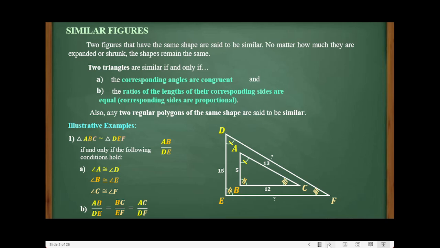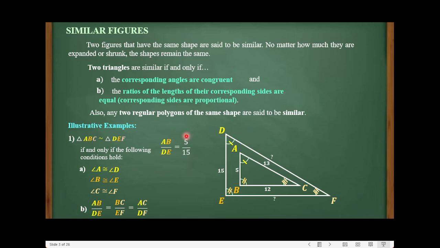So, basically, we make use of this proportionality of their corresponding sides. So, AB over DE happens to be what? 5 over 15. 5 is taken from AB and 15 is taken from DE.